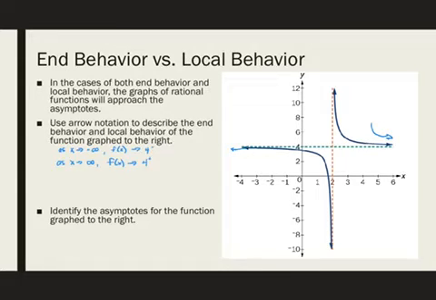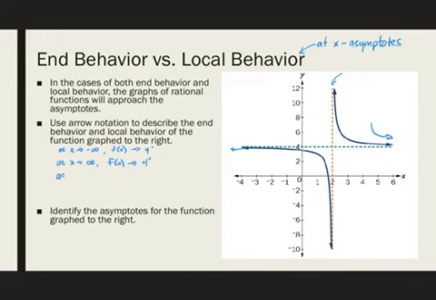Okay, now as we look through local behavior, okay, local behavior means what happens at the asymptotes. So at those asymptotes, and in this case, I only have one vertical asymptote, okay, so local behavior means at the vertical asymptotes. So any vertical asymptote should have local behavior, okay?